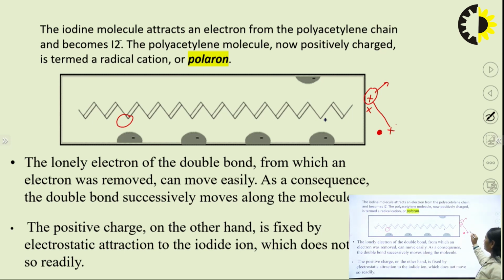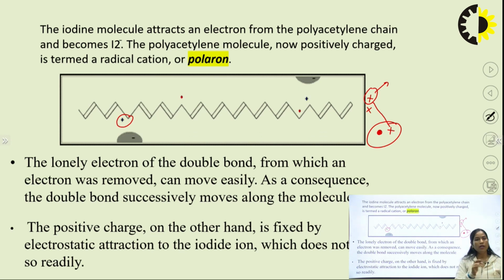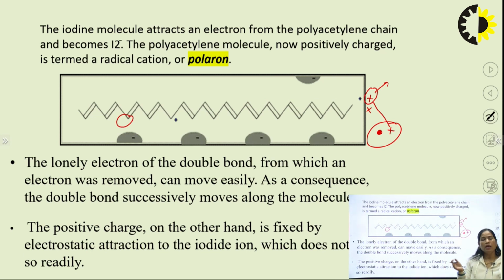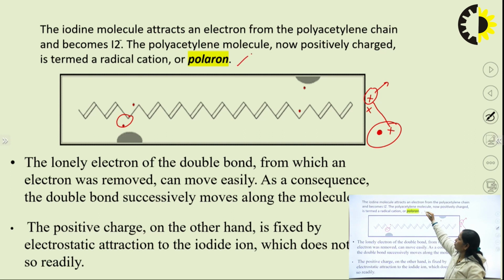The species in which there is a radical ion, one free electron, because a double bond is made up of two electrons. If one electron is donated or eliminated, the electron which remains in the system is termed a radical ion. This particular species is known as polaron, which I discussed earlier also.